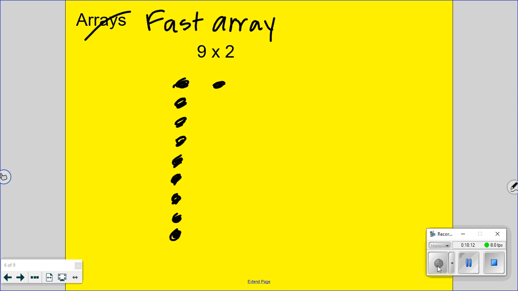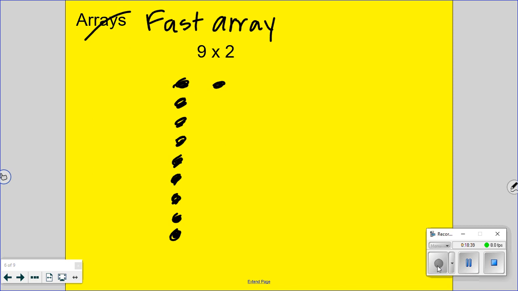These 2 strategies we just did, circles and dots and an array, work really well if the multiplication equation is little. It is not helpful if the multiplication equation is really big, because then I'll be drawing dots and tally marks and whatever else forever.